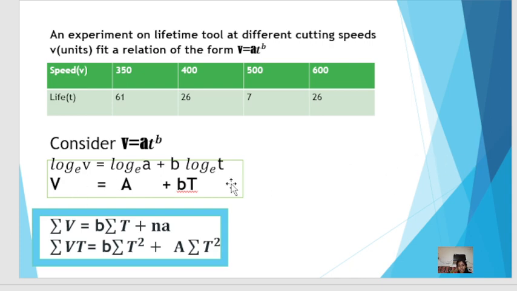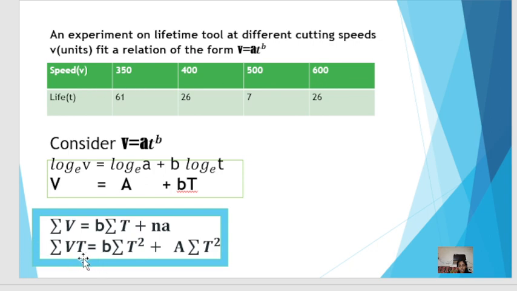The same thing we used here, where log to the base e of v is a capital V, log to the base e of a is a capital A, and log t to the base e is a capital T. So the formula is summation V is equal to b into summation T plus nA, where n is the number of given set of values.